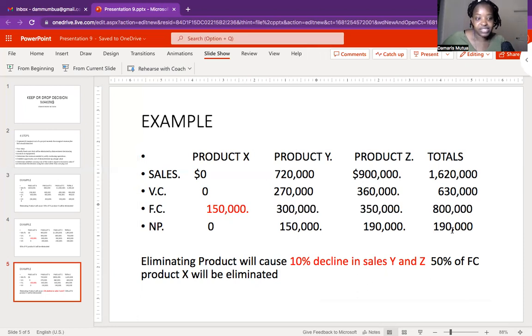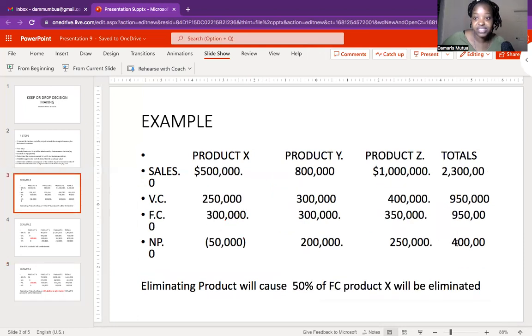So what I can say for this organization, the best thing is to continue selling product X at a loss, because they are better placed with product X than eliminating this product X. So that is how you evaluate, you take into consideration different factors that are gonna affect the sales.